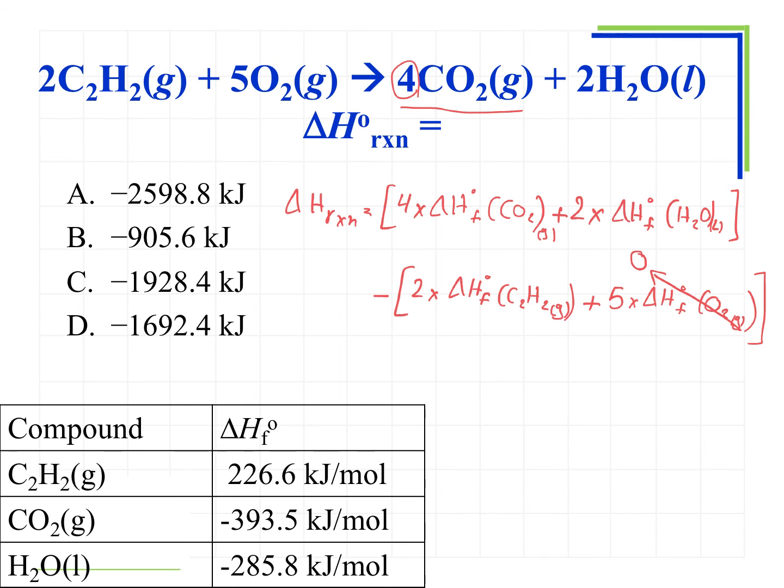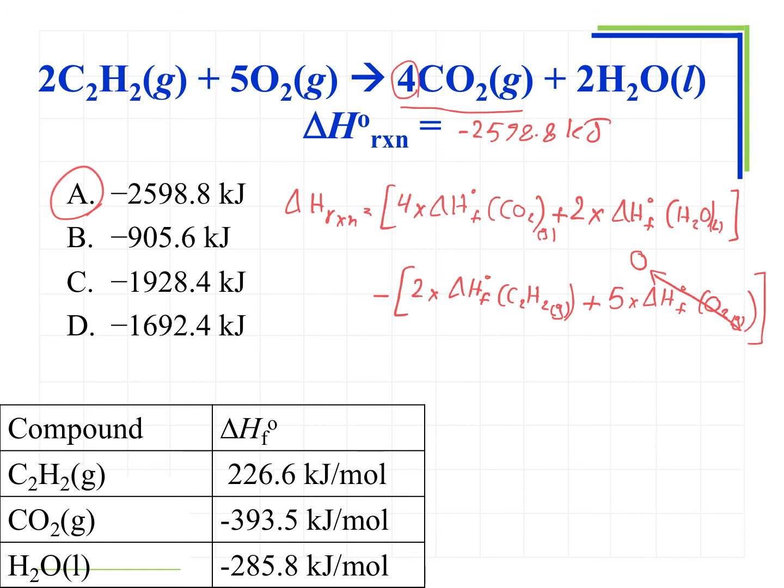If in your reaction you have H2, O2, N2, or metals in their elemental solid form, these are all standard states, so the delta H of formation is 0. So if you put 0 here, you should get negative 2598.8 kilojoule for the delta H of the reaction.